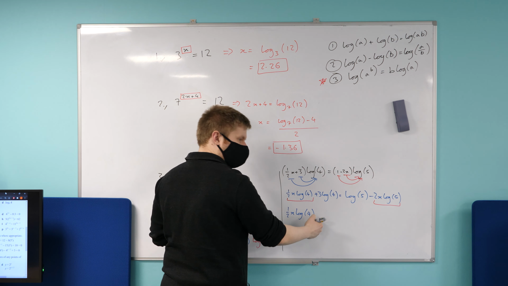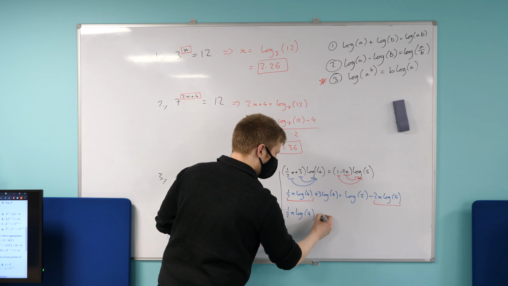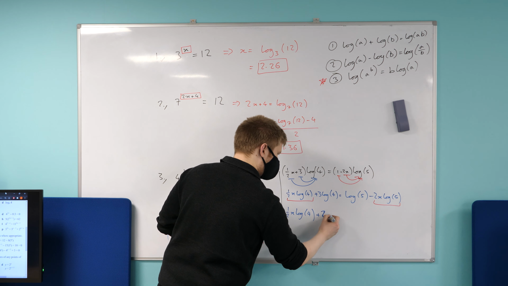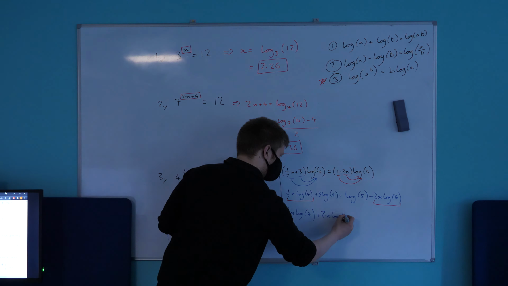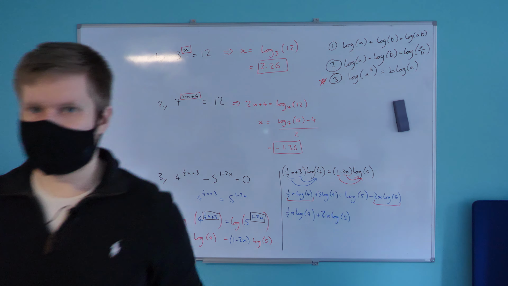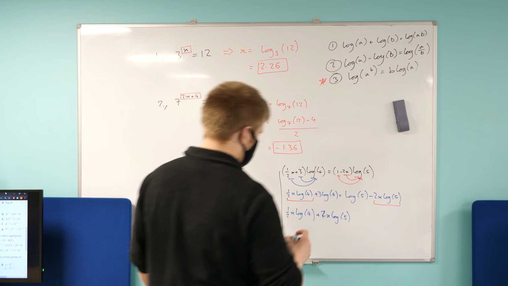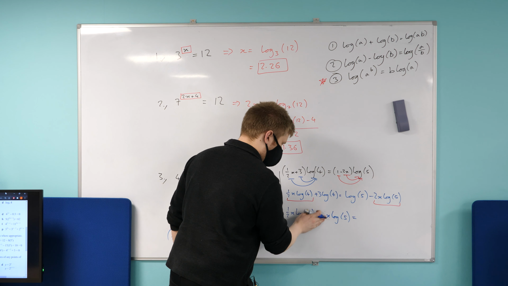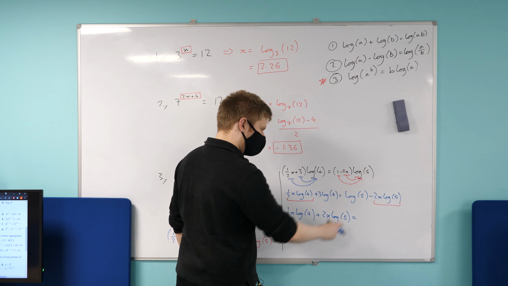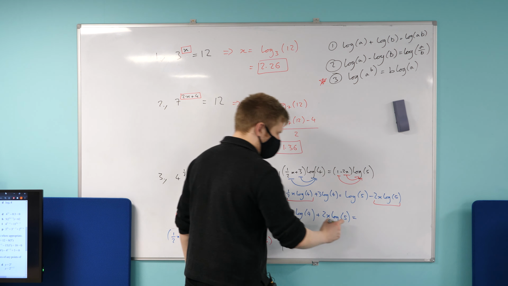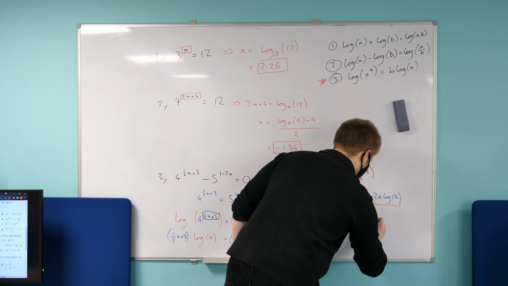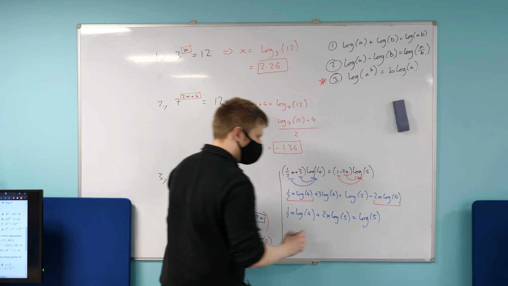If I take this on this side, it becomes a positive, so 2x log 5. And then on the other side, this is equal to log of 5 take away my 3 log 4.